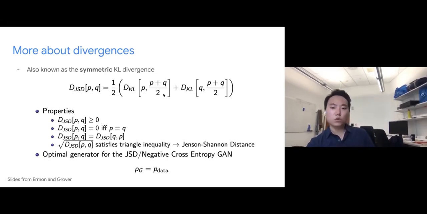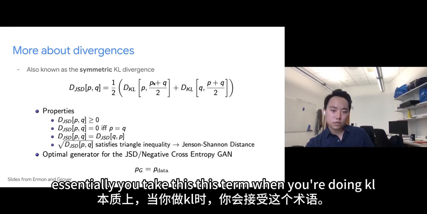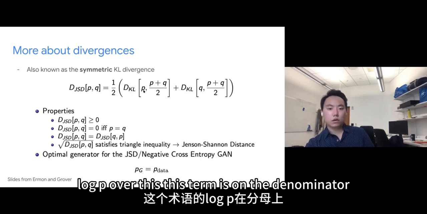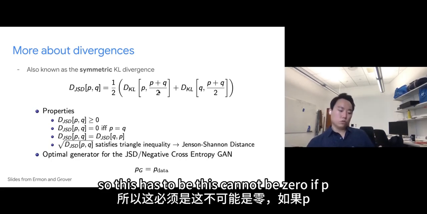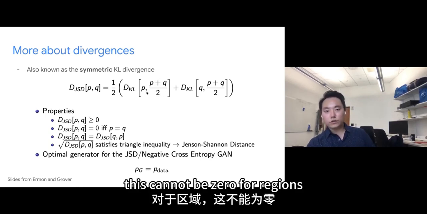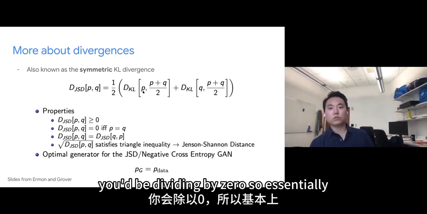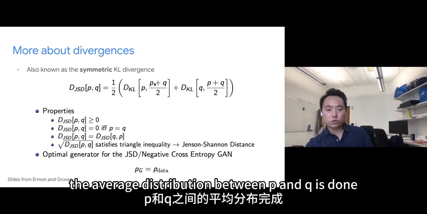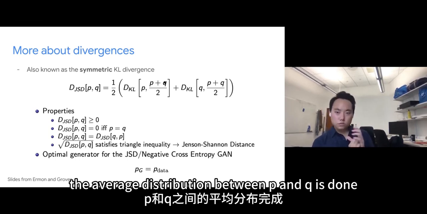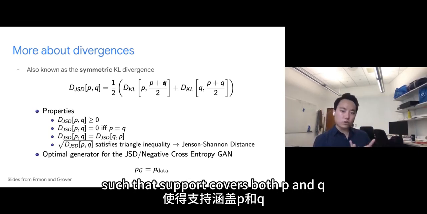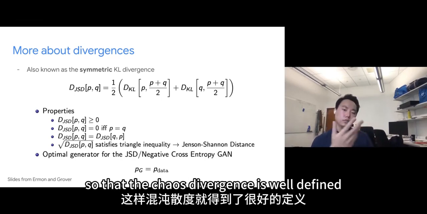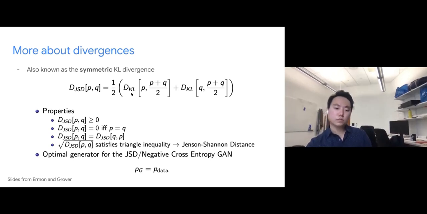When you're doing KL, you take the expectation over P of log P over Q. Q is in the denominator, so it cannot be 0 for regions where P is nonzero, otherwise you'll be dividing by 0. So the average distribution between P and Q is used such that the support covers both P and Q, so that the KL divergence is well defined.